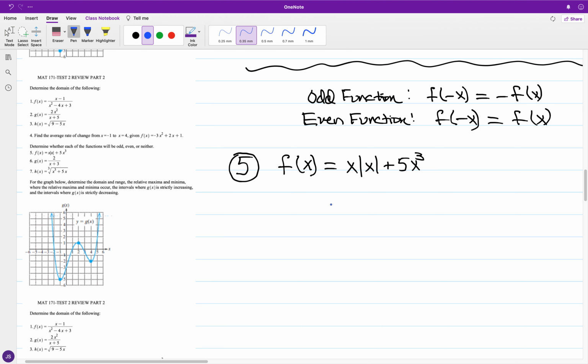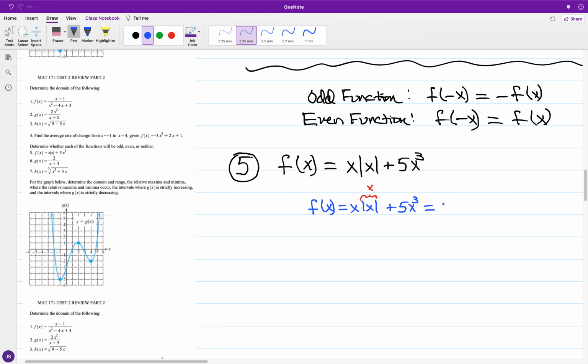Okay, so looking at the spread, for f of x, you have x times the absolute value of x plus 5x cubed. Now for the absolute value of x, let's just say that is equal to x.